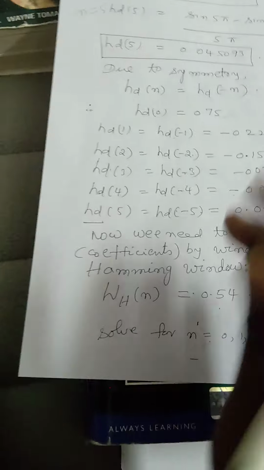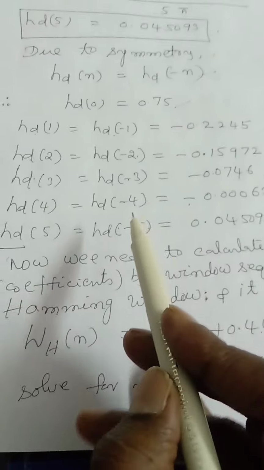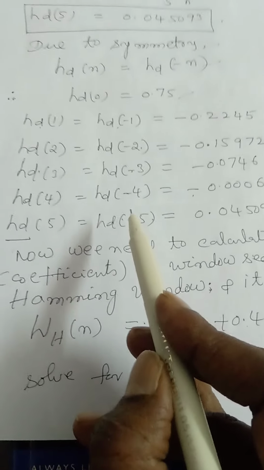Now you got all the impulses by means of the Fourier series filter coefficient method.